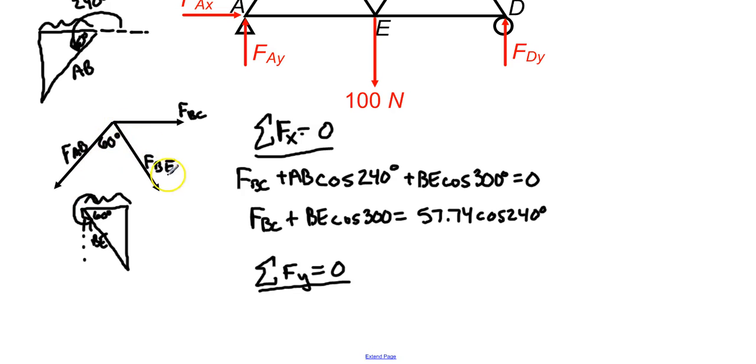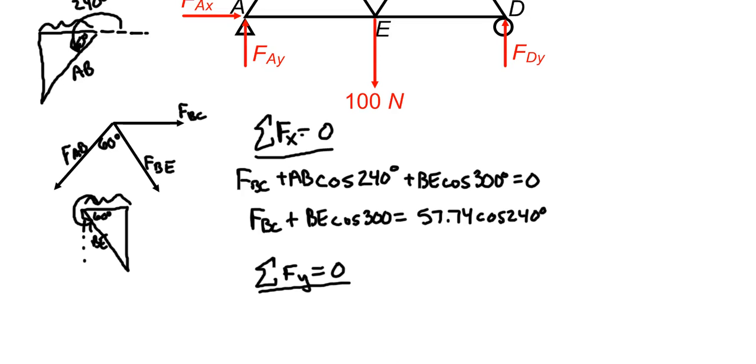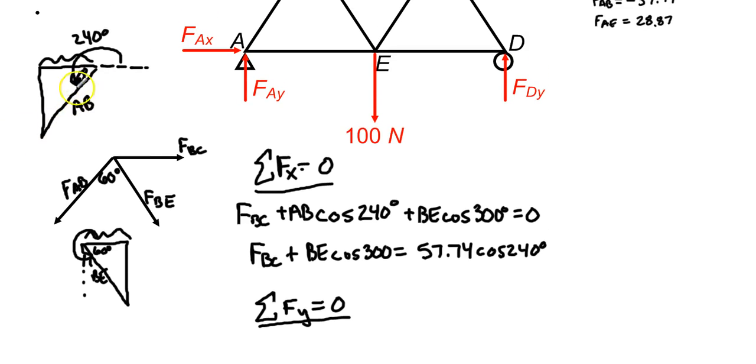Well, the only two forces in the y direction are these diagonals. So I'm going to go back up here. AB times the sine in this case of 240 is going to be the expression for the component in the y direction.